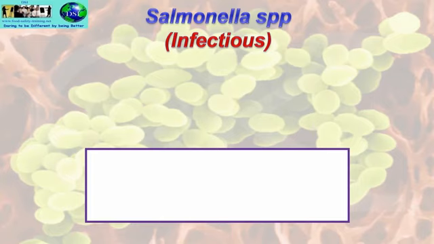So let's start off with some of the bacteria. So we get Salmonella species. Species refers to the fact there's about 2,500 different types or serotypes. And I'm going to mention whether it's toxic or infectious. Infectious means the food poisoning is due to the large numbers of bacteria consumed.